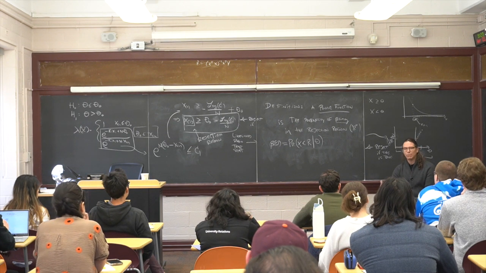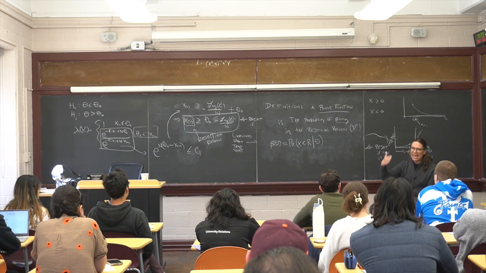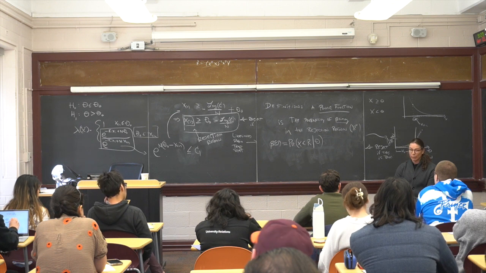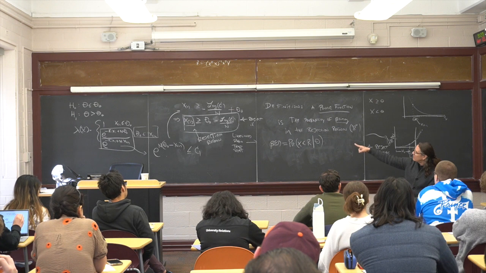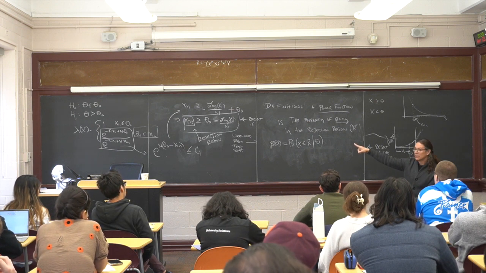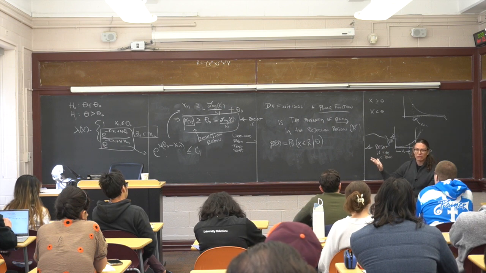That's the typical procedure that people follow, is they calibrate C by saying, I'm going to put a cap on the error I make if the null hypothesis is true and I reject, I've made a mistake. And usually they'll pick C to calibrate that mistake. And very often they'll pick 0.05 or something like that as the rejection probability.